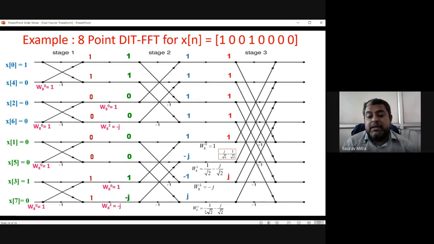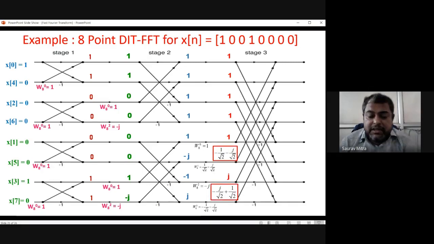So j is multiplied with -1 by root 2, so that becomes minus j by root 2, and j multiplied with minus j by root 2 becomes minus j square by root 2, that is nothing but plus 1 by root 2. If you are just checking that, j into -1 by root 2 becomes minus j by root 2, and j into minus j by root 2 becomes minus of j square, and j square is -1, so this becomes plus 1 by root 2.